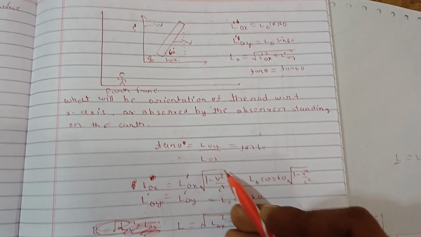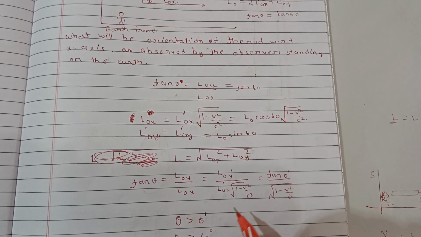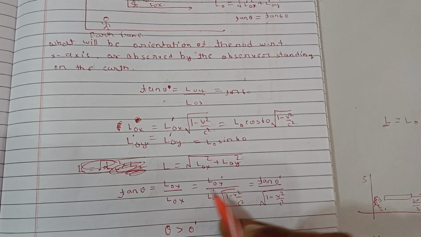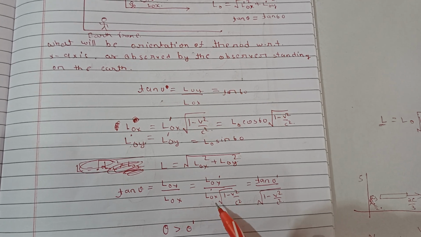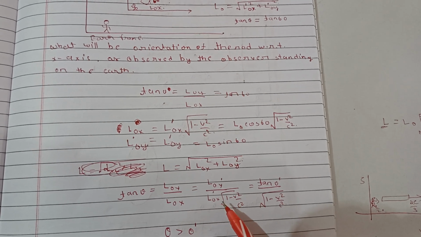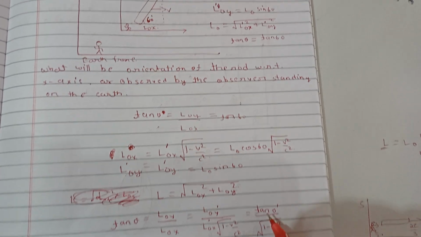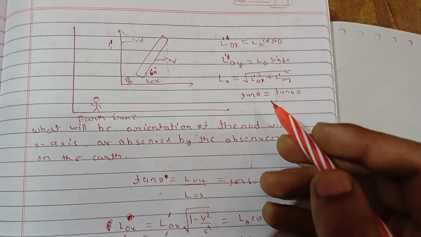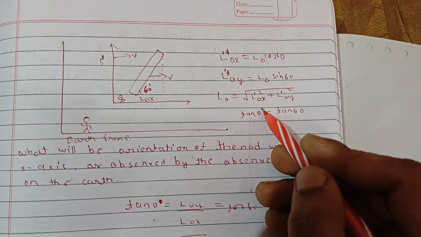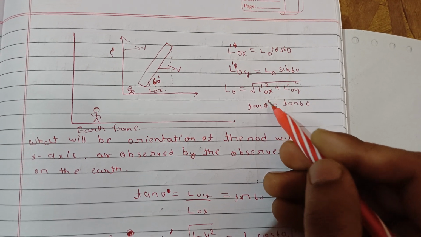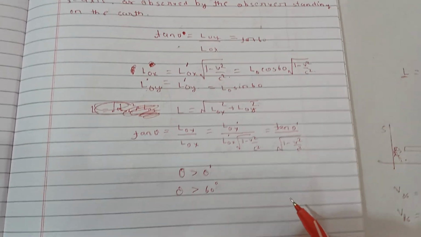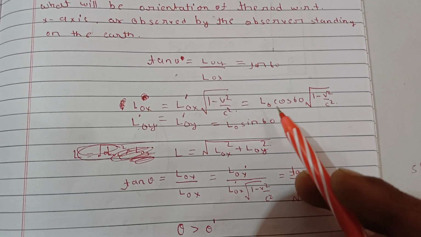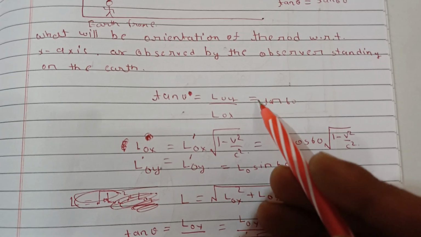It is tan theta actually. Tan theta equals L oy by L ox, where we put the values. From here, this is theta prime, and this is not equal to tan 60.